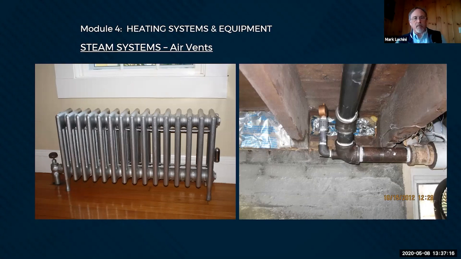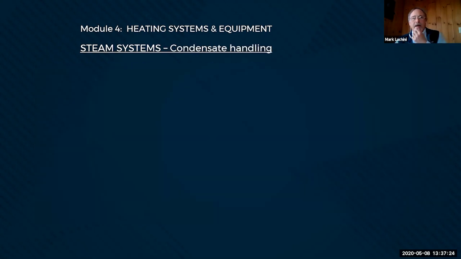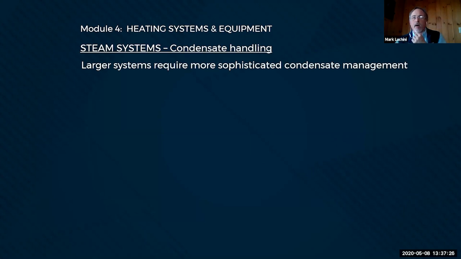So we mentioned a little bit about condensate. And I said we don't need pumps in a steam system, and Ted almost jumped out of his chair. So larger systems do require more sophisticated condensate management because you can't always drain by gravity. In fact, it's very rare that you can drain a large steam system completely by gravity.